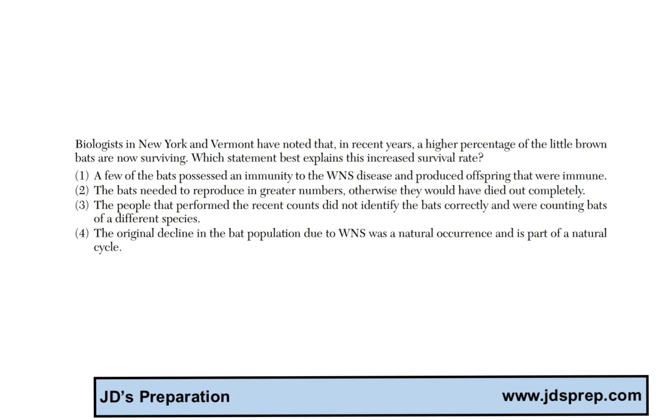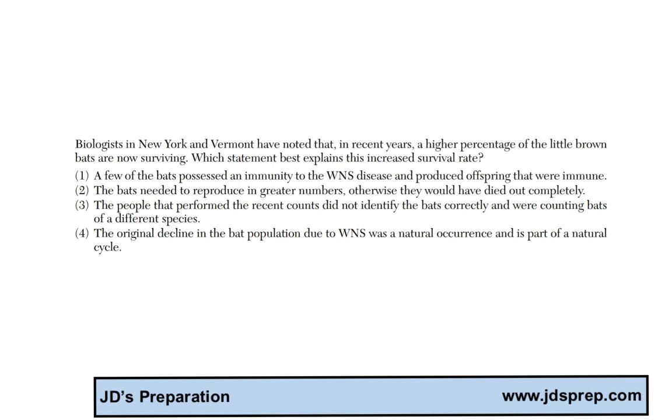The bats needed to reproduce in greater numbers, otherwise they would have died out completely. 3. The people that performed the recent counts did not identify the bats correctly and were counting bats of a different species. Or 4. The original decline in the bat population due to white nose syndrome was a natural occurrence and is part of a natural cycle.